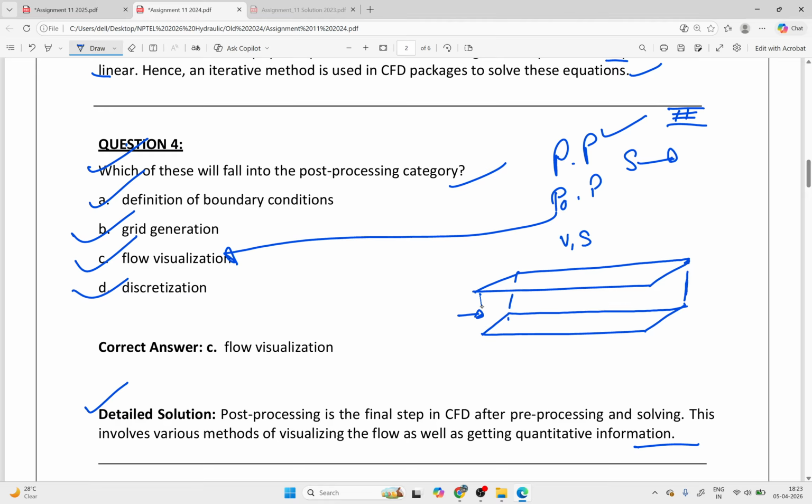The water is entering from here and going out here, and here you have put some object, like a cylinder. Here you have the cylinder, that is a spur. So if you want to see what is happening near this, just upstream of your spur, just downstream of your spur, you can see the cross section also.